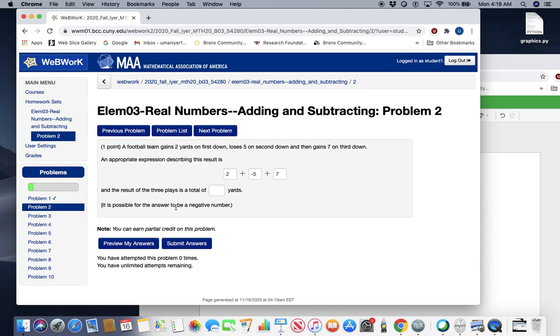The result is how many yards? Well, why would the answer be negative, right? You gained a lot more. So 2 and 7, you gained 9, you lost 5. So overall you have a gain of 4.